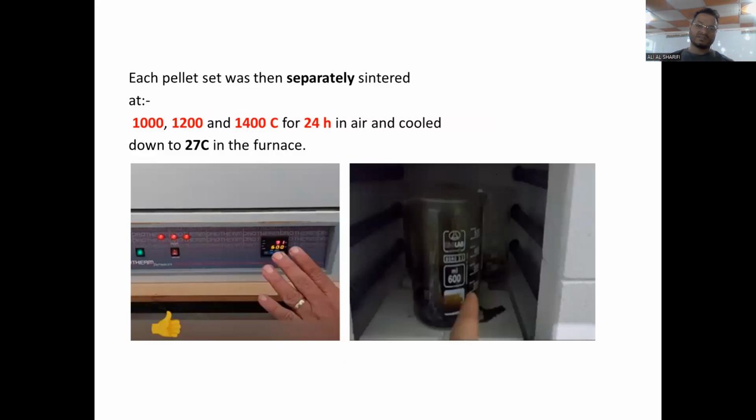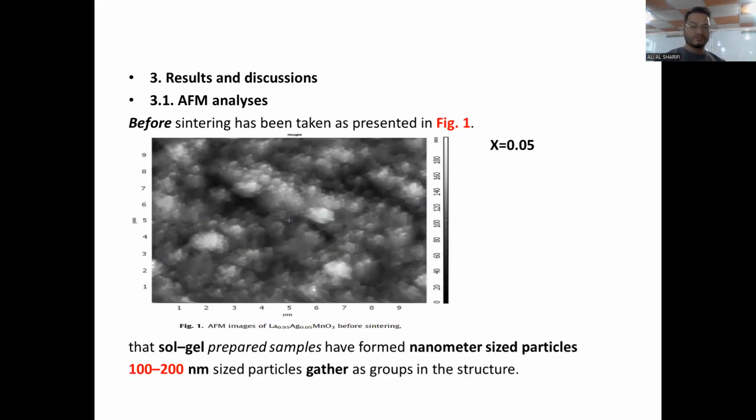Each pellet set was then separately sintered at these 3 different temperatures for a day, 24 hours, and left after that to reach room temperature. You can touch it, you can use it.